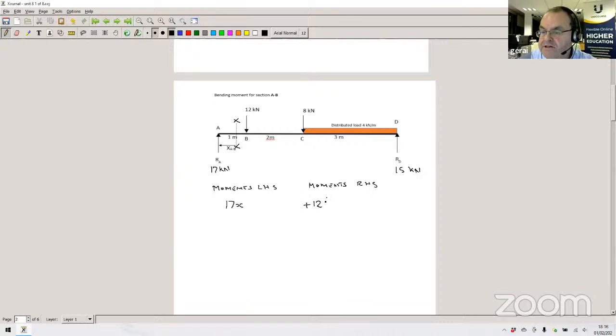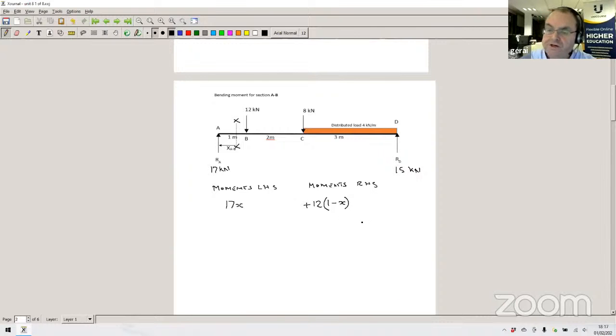And that acts at a distance of, well, it's 1 from A to B minus the distance X. So that would be 1 minus x. And see, it gets a little bit fiddly here. So you've got to be careful how you determine the leverage or the distance from point X to our point B.